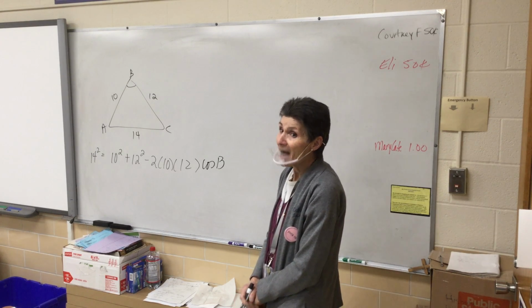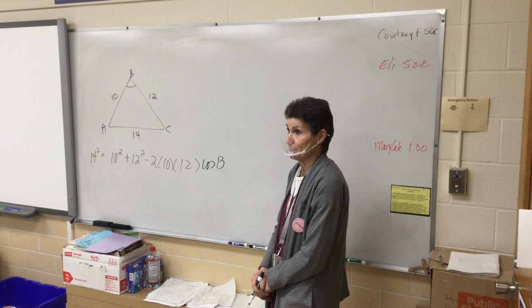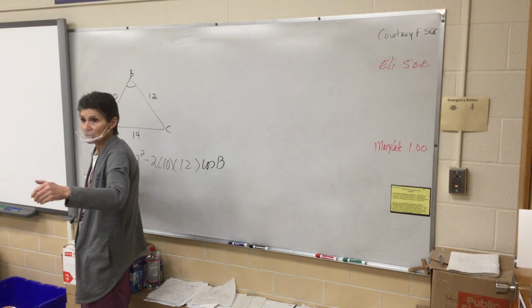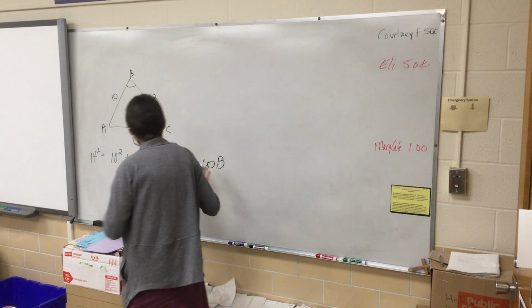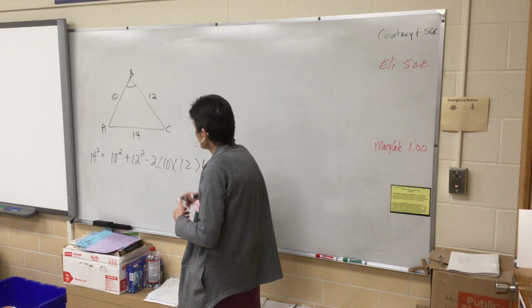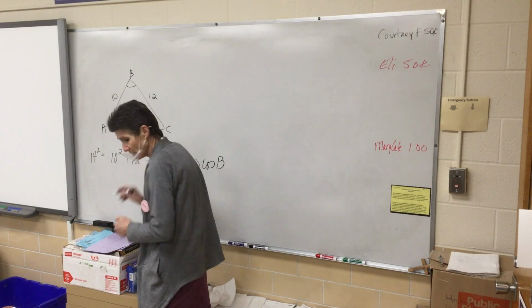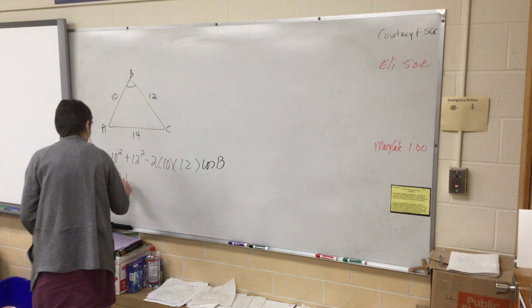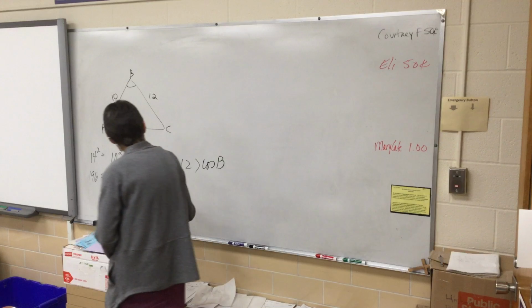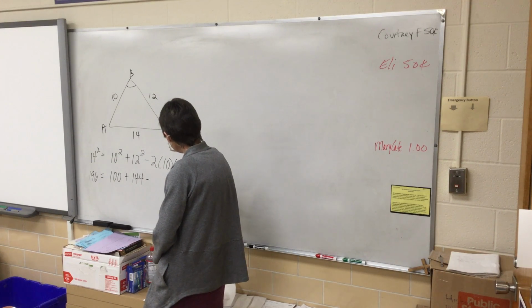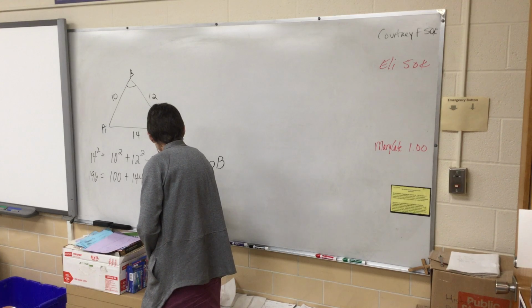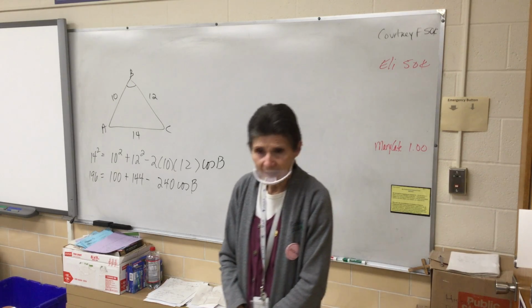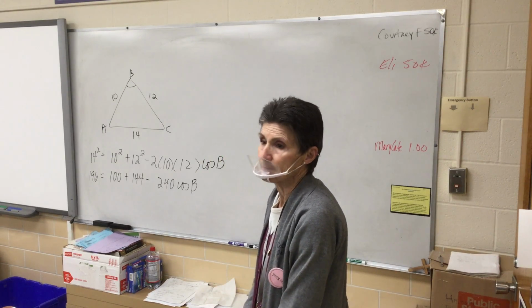So this is not one that I can just type in, because my variable doesn't say C equals, right? So I have to solve for that. I have to figure out what that is. So I would suggest that you do all of the arithmetic. So 14 squared, and 10 squared, and 12 squared, and then 2 times 10 times 12, which is 240, cosine B. So I just have done all my squaring and my multiplying, just my basic arithmetic, right?